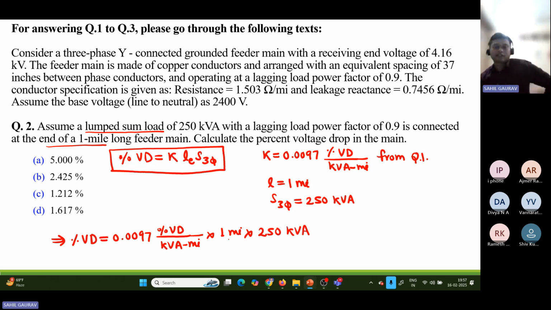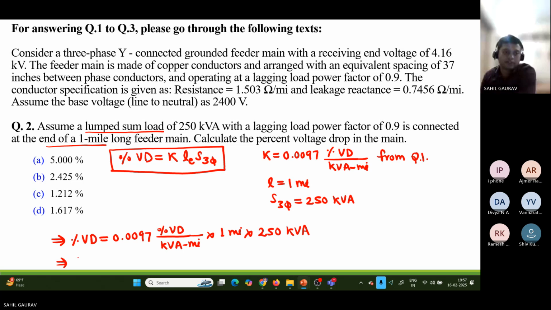So all the units will cancel out, and only percentage voltage drop will remain. This percentage voltage drop comes out as 2.425%. So the correct answer is B.